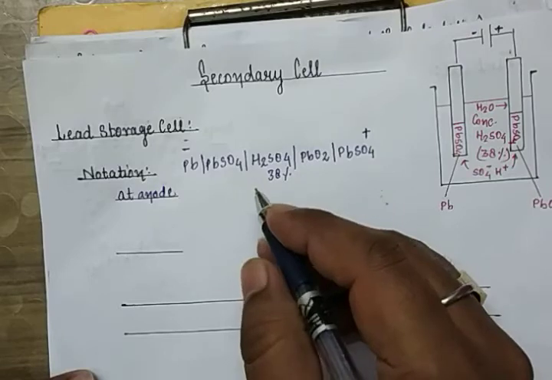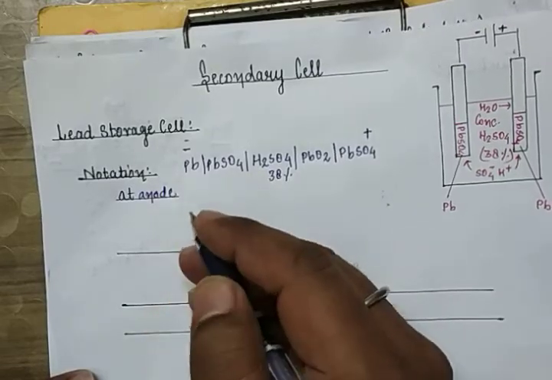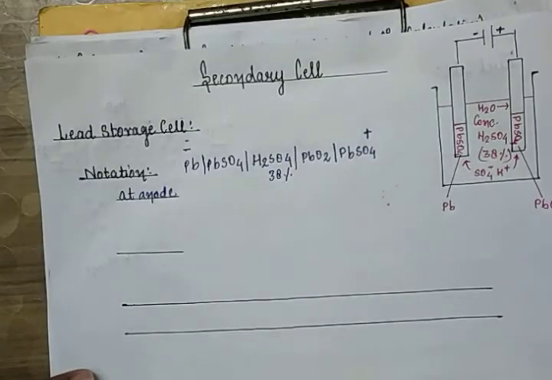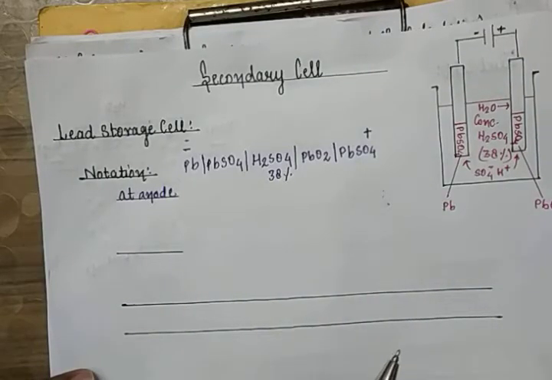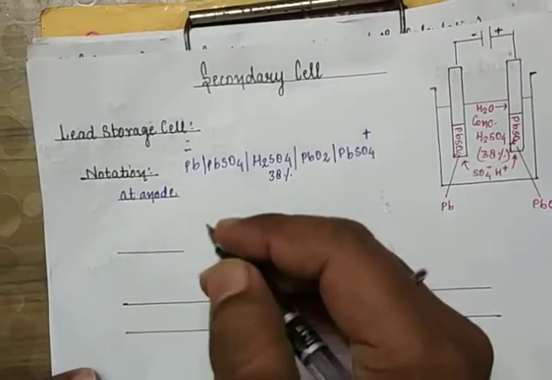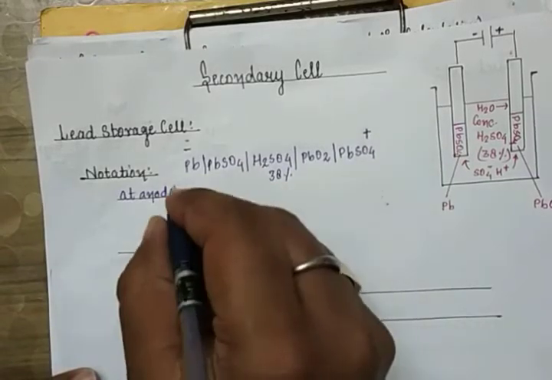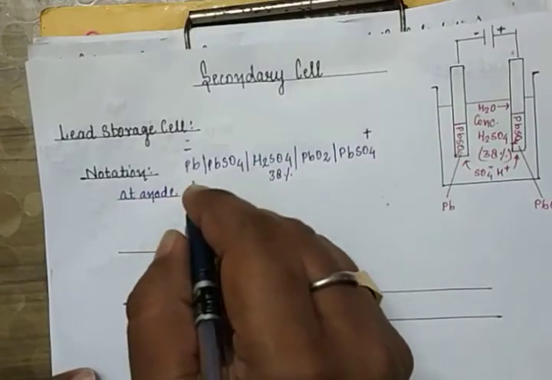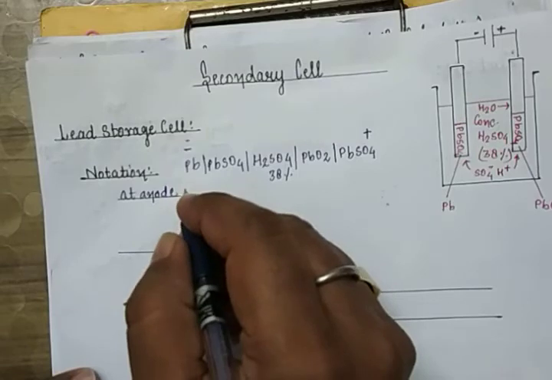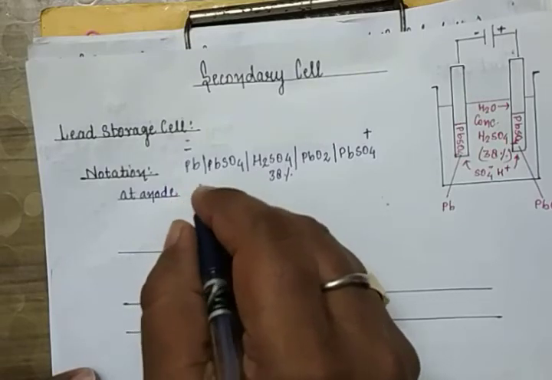Galvanic means chemical energy converted into electrical energy. It means the cell is discharging. If you consider a galvanic cell, it means the cell is discharging.